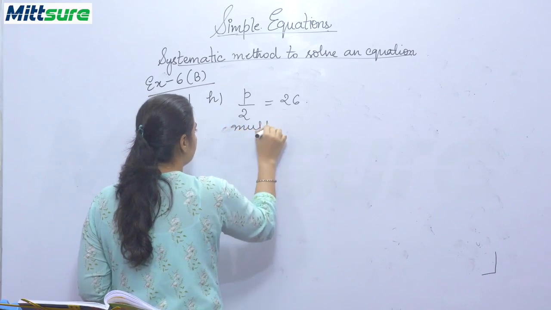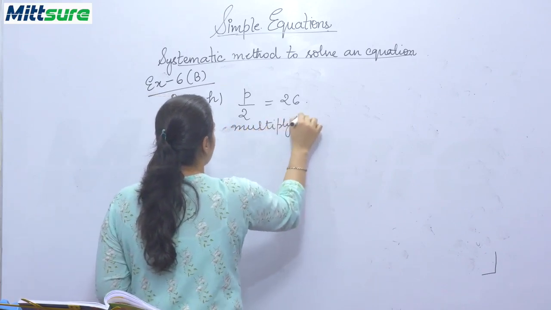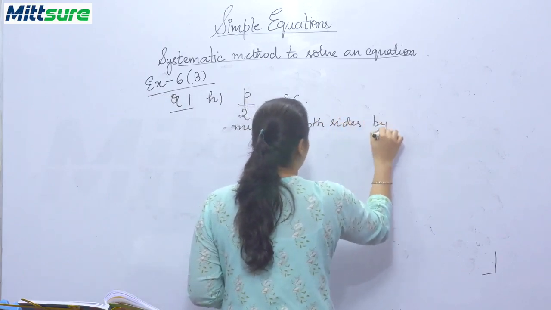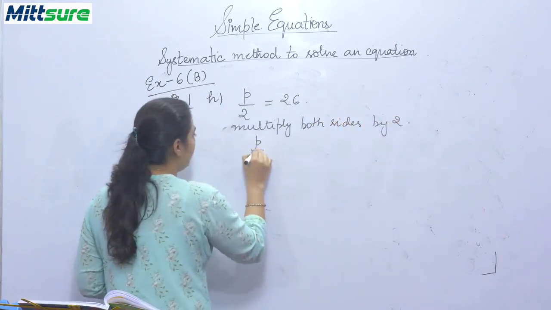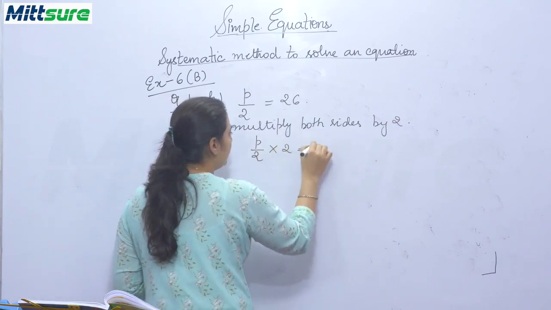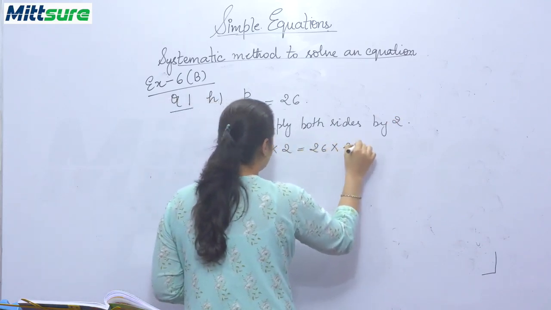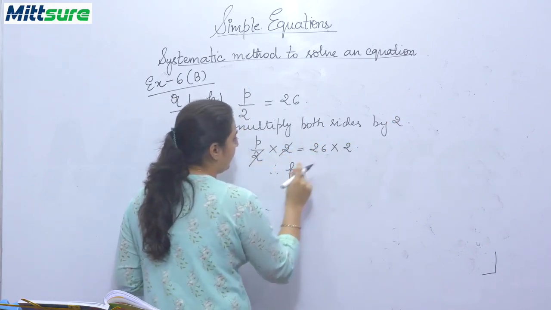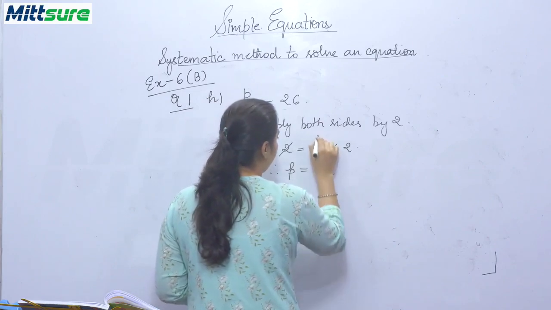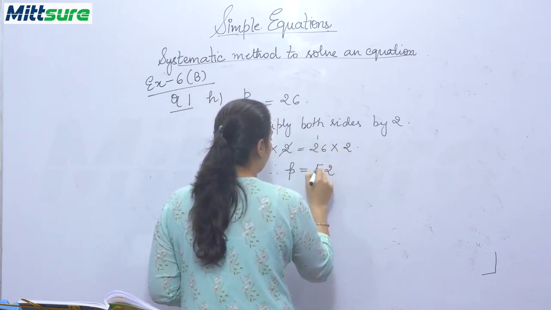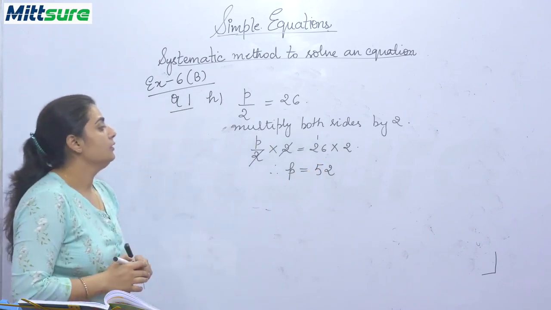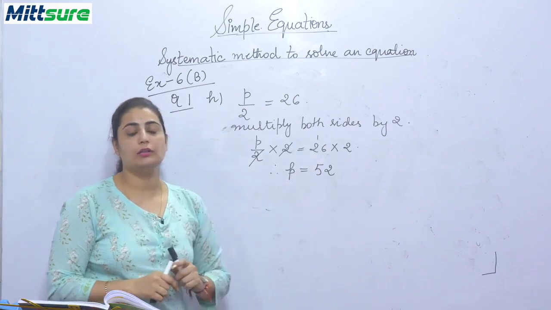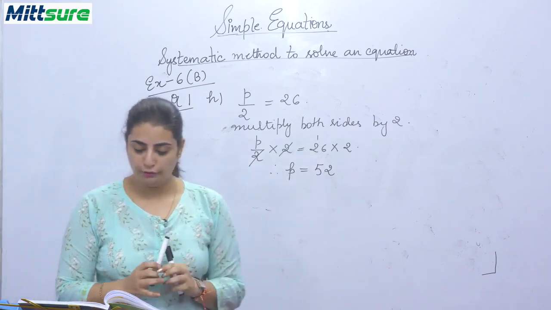Multiply both sides by 2. P upon 2 multiplied by 2, 26 multiplied by 2. So 2 got cancelled with 2. Here you are left with P. 26 multiplied by 2 is 52. Therefore, the value of the variable is also 52.